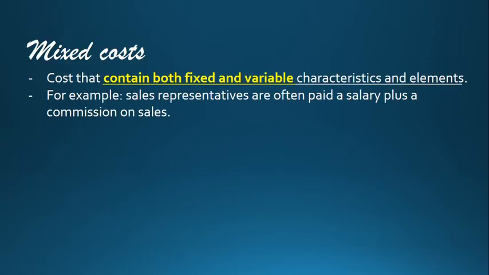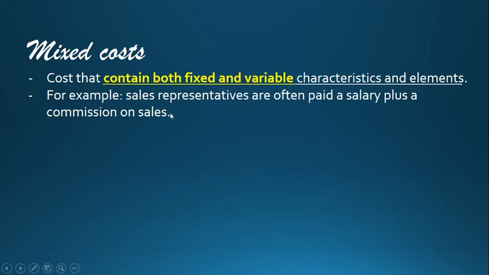We define first mixed cost. It is a cost that contains fixed and variable characteristics and elements. For example, sales representatives are often paid a salary plus commission on sales. So, yung fixed dito ay yung salary at yung variable cost naman is commission on sales.